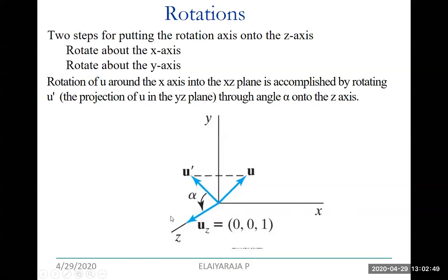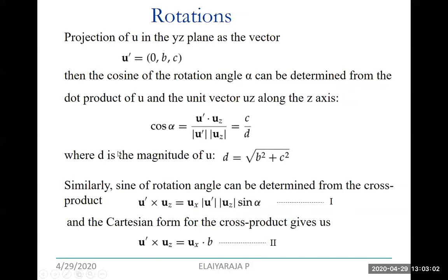Okay, so here for the rotation of theta we are considering the z axis, right? So the unit vector with respect to the z axis is 0 comma 0 comma 1.